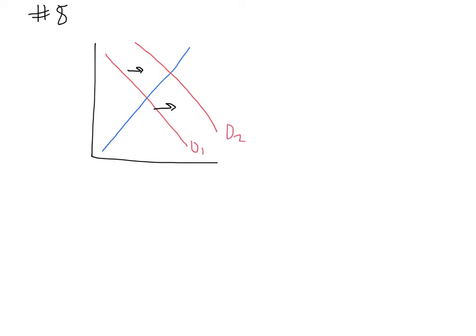Theoretically, that just pushed price higher. We're at a much higher price at this point than we are here. So we see a shift in demand, but it causes a change in quantity supplied. We're going to be supplying more to the market at that new higher price.